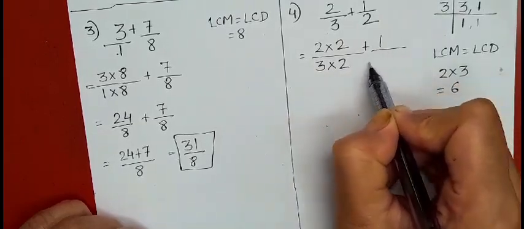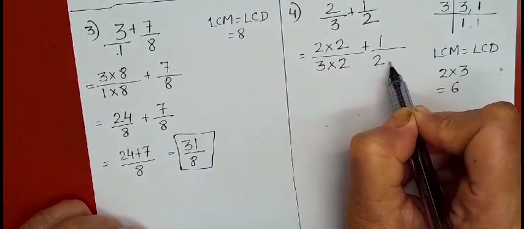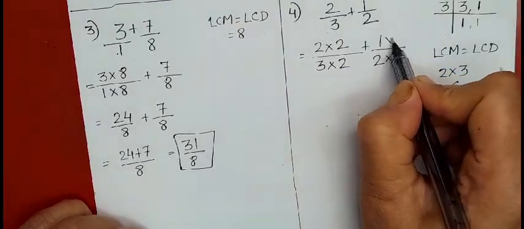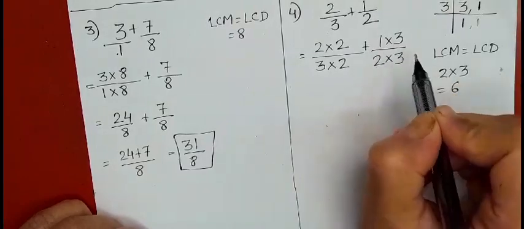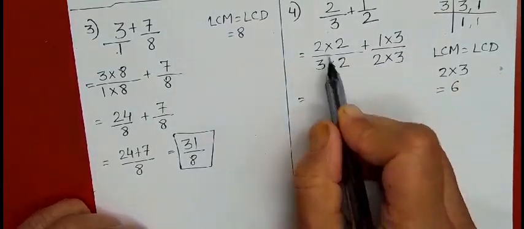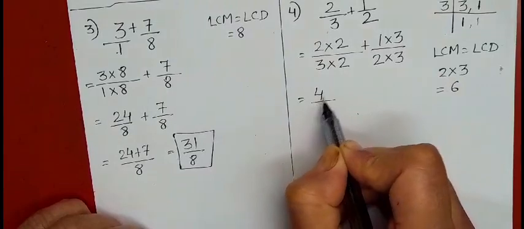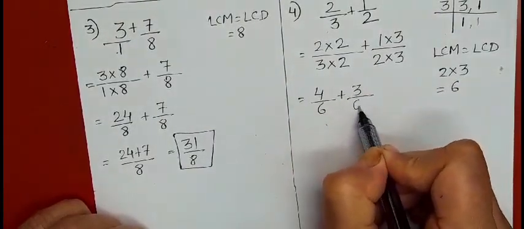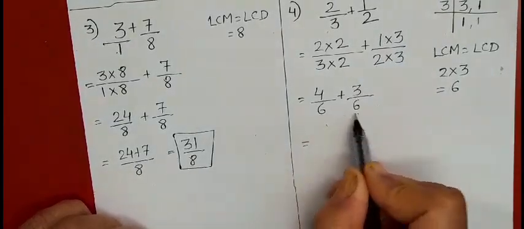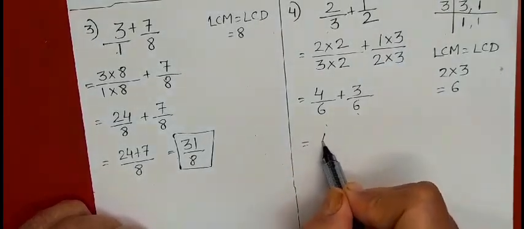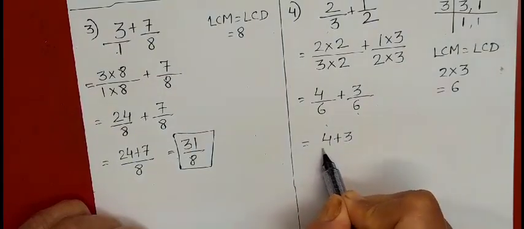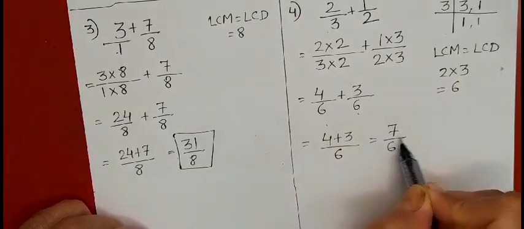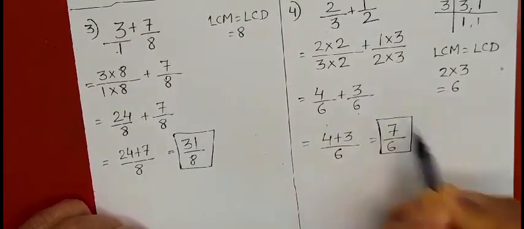Here, in order to make this denominator 6, we have to multiply this 2 by 3, and the same goes for the numerator. So here we get 4 over 6 plus 3 over 6. Now as denominators are equal, we add the numerators. 4 plus 3. So here we'll get 7 over 6, which is the solution.